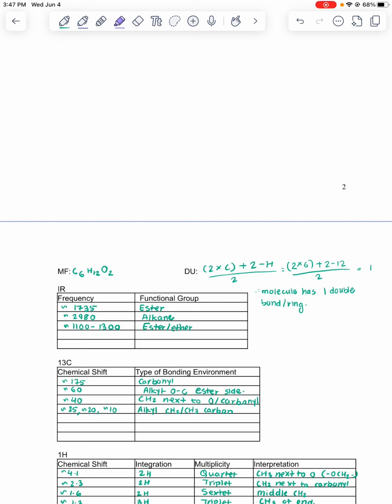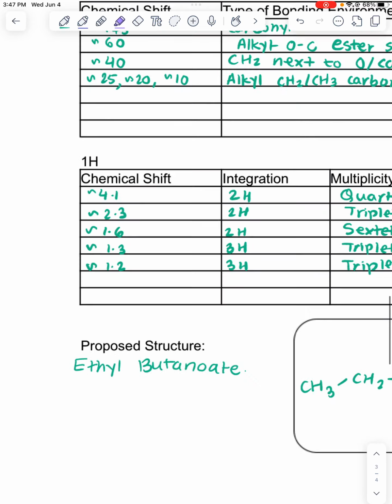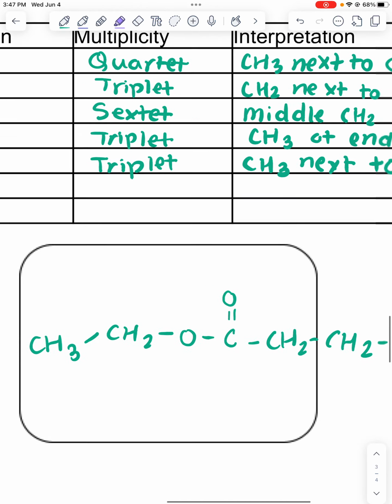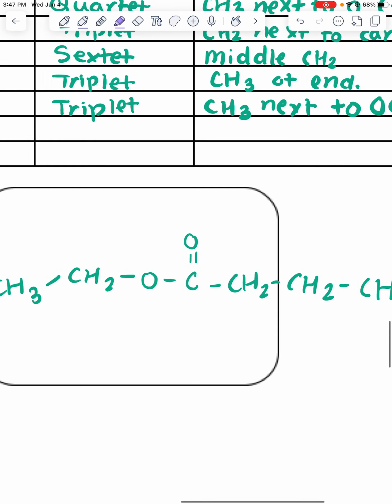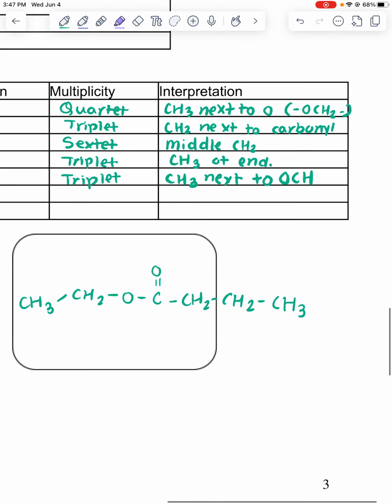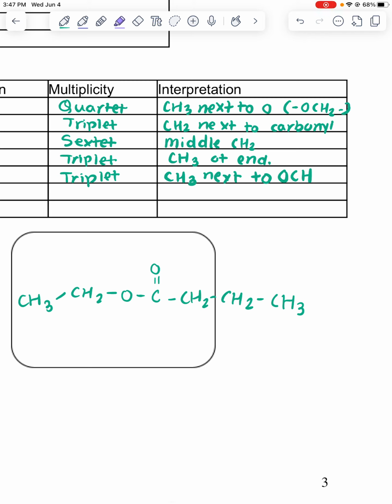If we put all of this together with a butyl group on one side and an ethyl group on the other, we should get ethyl butanoate, also known as butyric acid ethyl ester. I'm not sure, but I think so. And this is what I came up with the structure to look like.